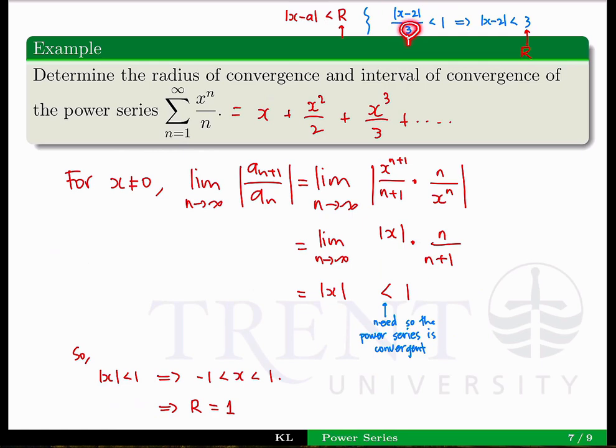In this particular example, you only have this absolute value of x. There's no denominator. Well, the denominator is equal to 1, whatever. So that means this is now our r. So we now have the radius of convergence. We are sure that the power series is convergent between -1 and 1, excluding those endpoints.